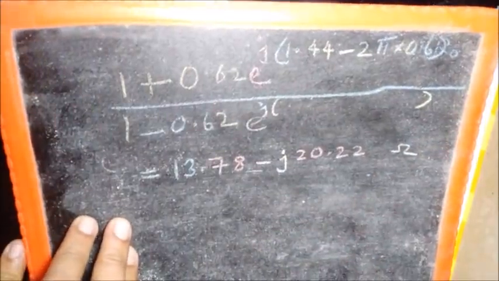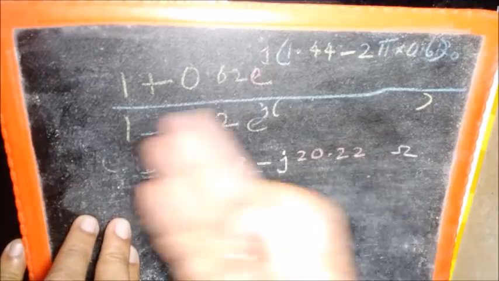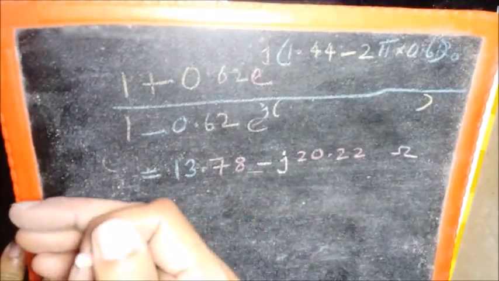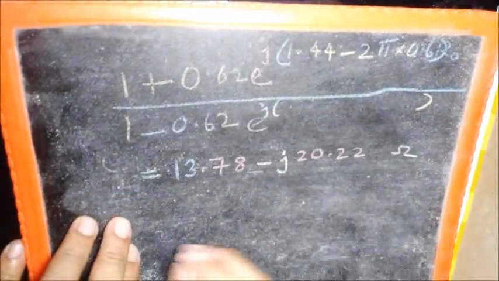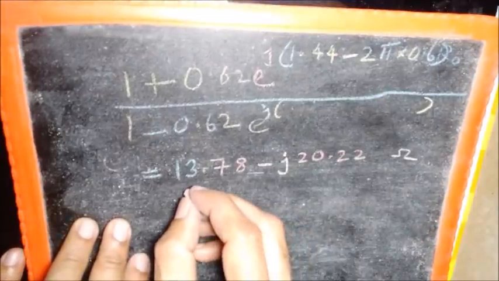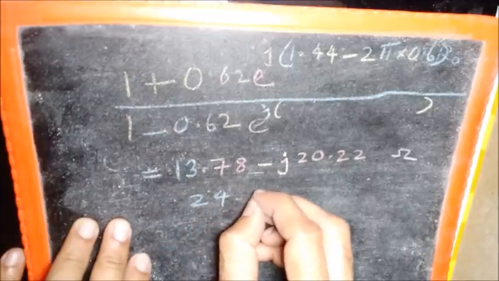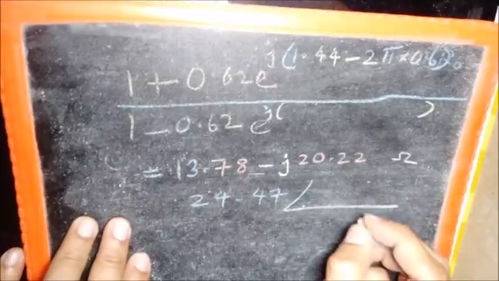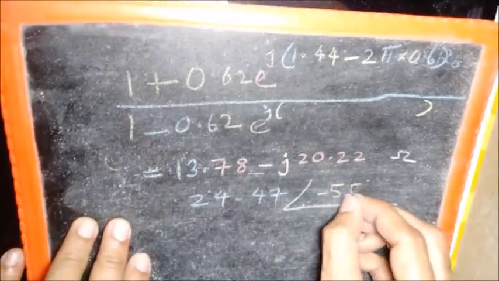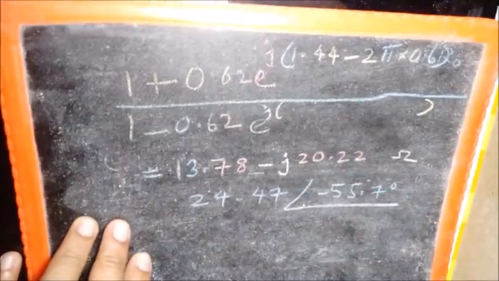So this is the impedance at the input of the transmission line mentioned in this problem. We can also express this in polar form: 24.47 at minus 55.7 degrees. Please verify all these numbers which I have calculated.